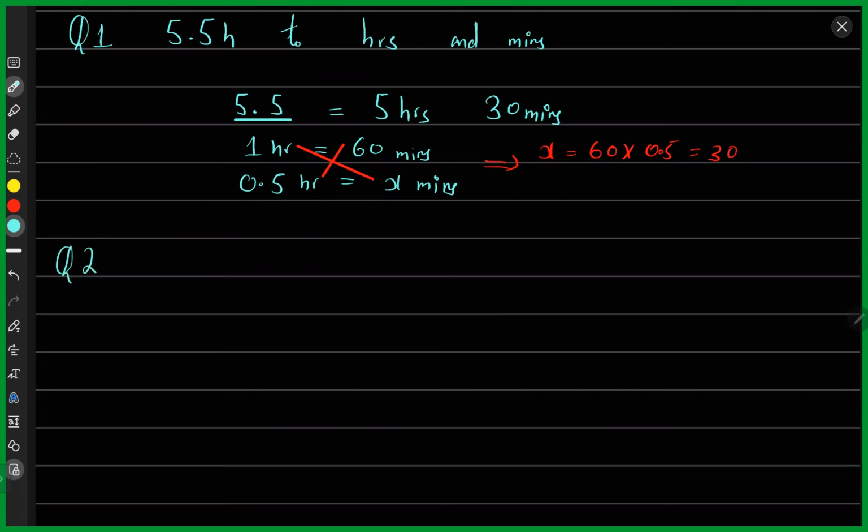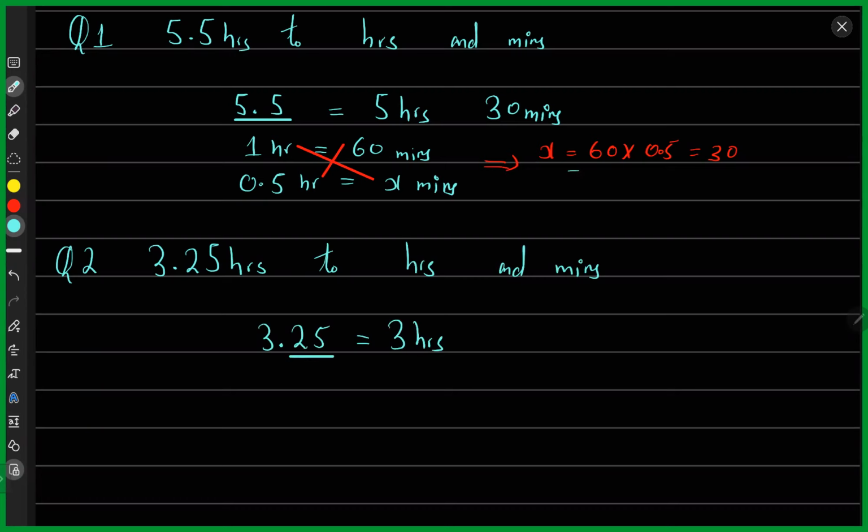It's question number 2. Now let's say you have 3.25 hours, and again you have been asked to write it down as hours and minutes. So it's 3.25. In this 3.25, 3 is there directly. So I have 3 hours, and this 0.25 hour can be converted to minutes.